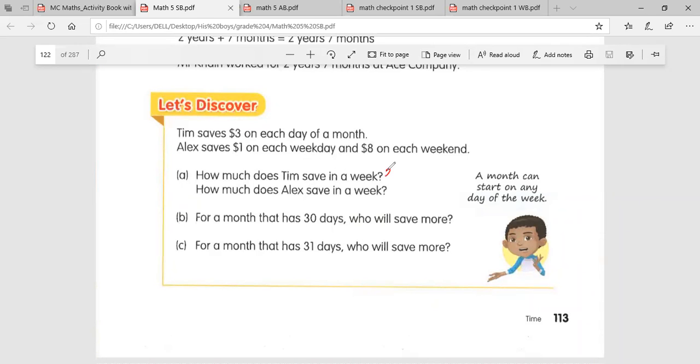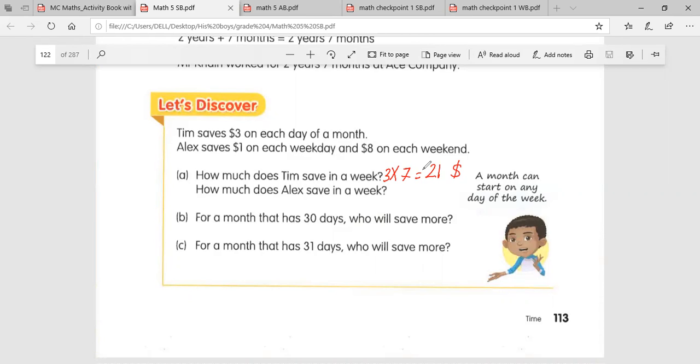How many days are in 1 week? 7. So we multiply 3 by 7, equals $21. Not per week, because each day we save $3 and you have 7 days, so 3 multiplied by 7 is $21.